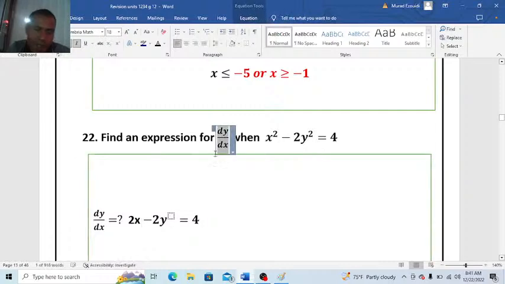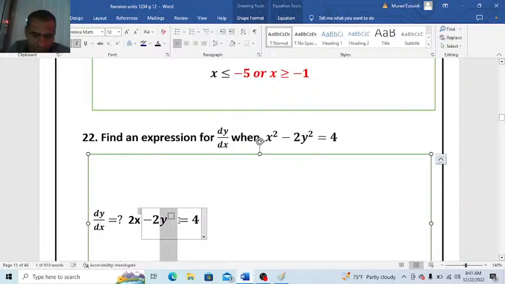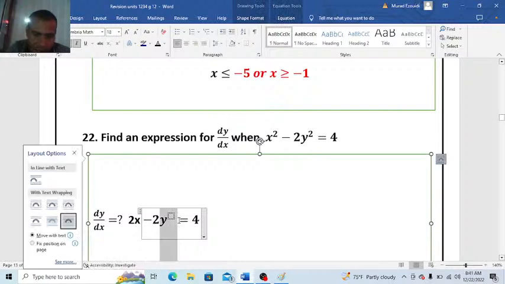So I will write y dy with respect to x equals the first derivative of constant, which is 0.